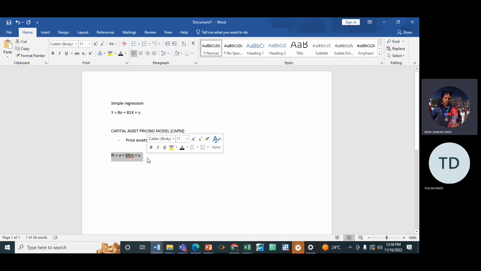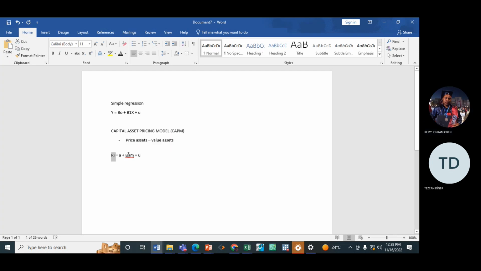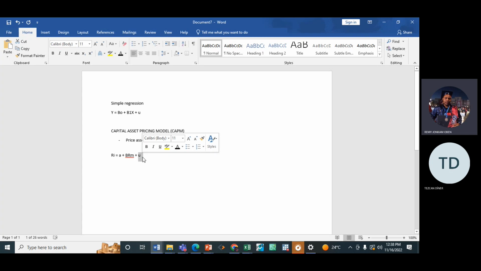Is this simple regression? Yeah. It's a regression model. ROI is the dependent variable. ROM is the independent variable. A is the constant. B is the slope. And this is the error term. It's simple regression, right? But this model, I'm trying to get to somewhere.